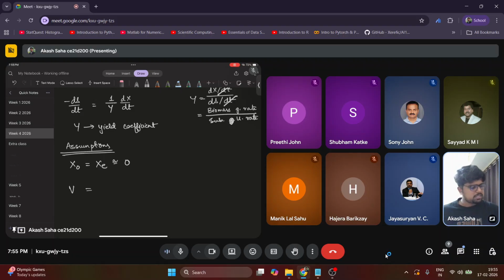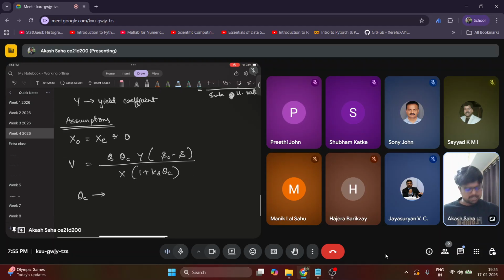Volume is nothing but Q into theta c, Y into (S naught minus S), divided by X into (1 plus kd theta c). Here theta c is what we call MCRT, mean cell residence time, or BSRT, biological residence time.